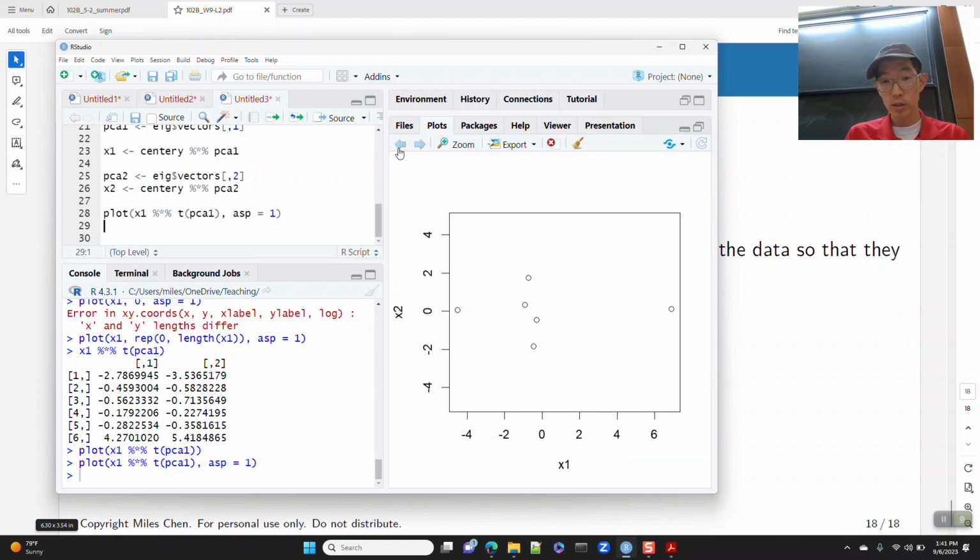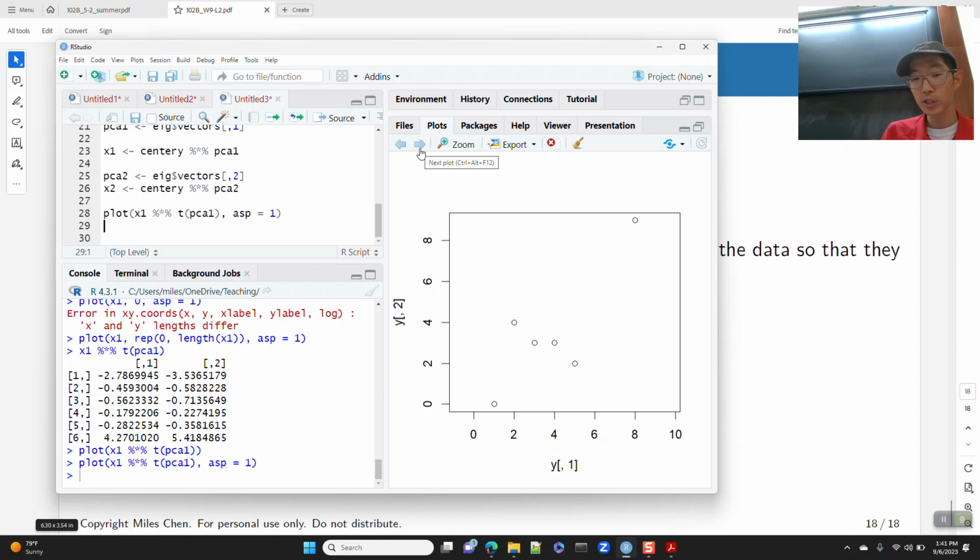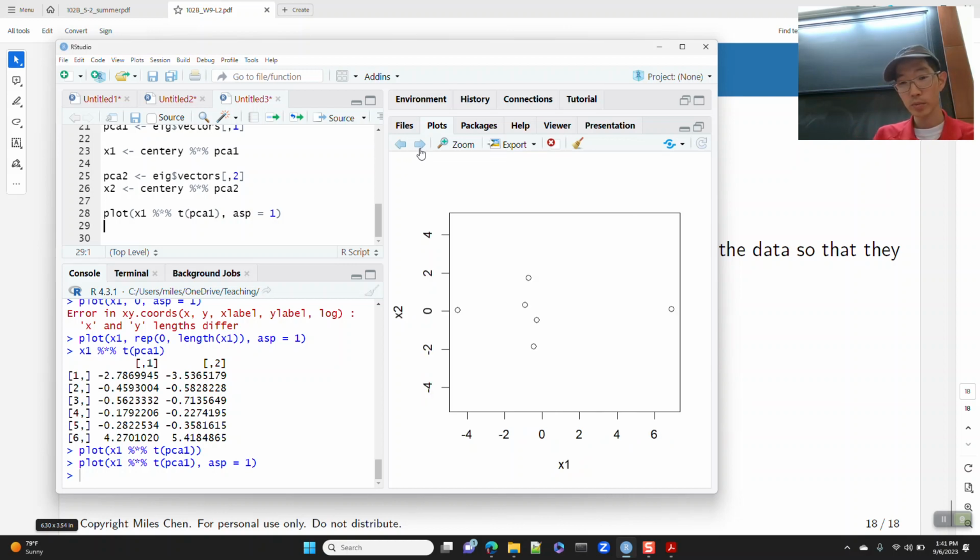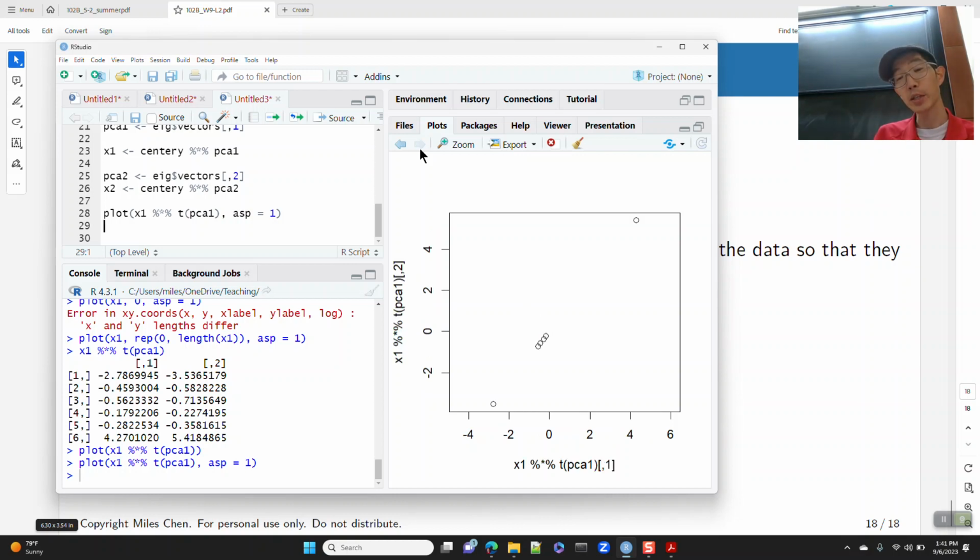So here's the original data, we rotate it, we can reduce it down to one dimension, and I can rotate this back to recover our 2 dimensions, okay? And we can see, we've lost some information.